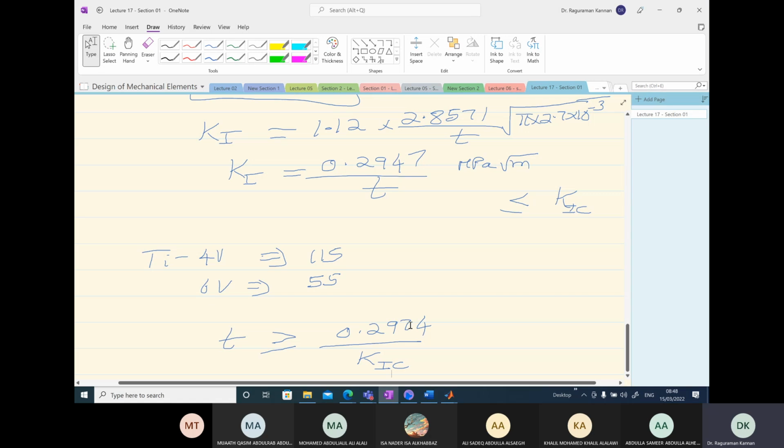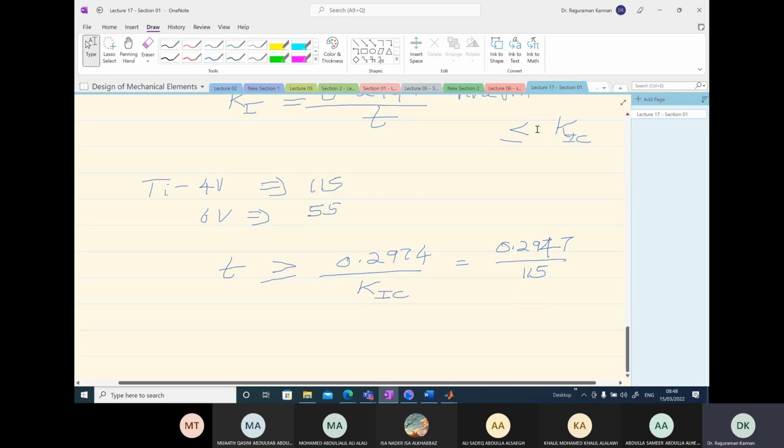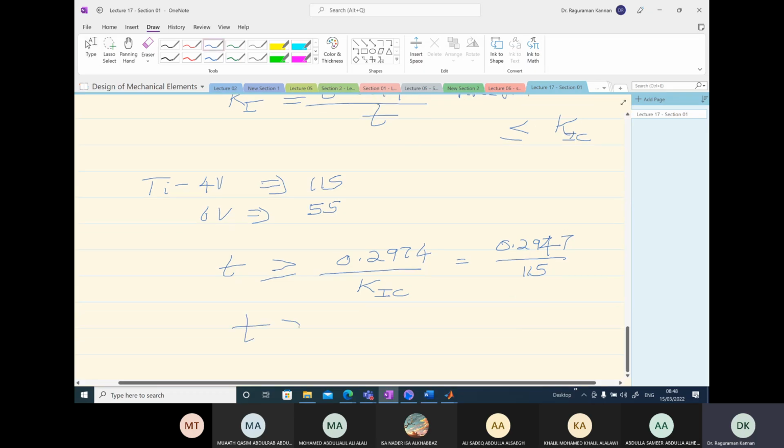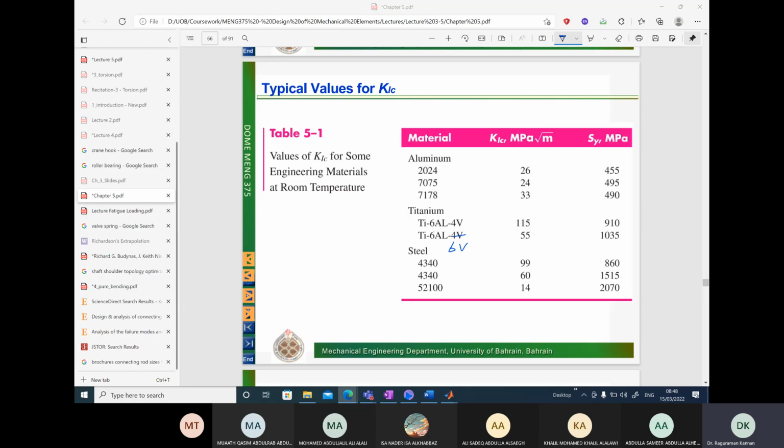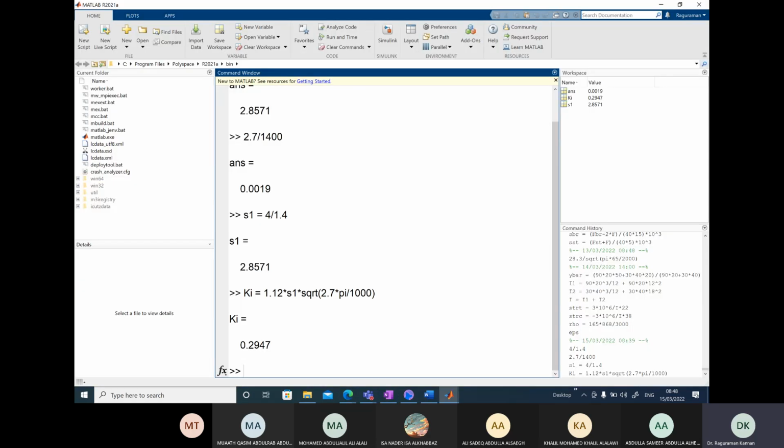Okay, so definitely I'm going to choose the material which has the larger K IC value, and if I do that, over 115, I will get the least T value. So least T value greater than or equal to 115.